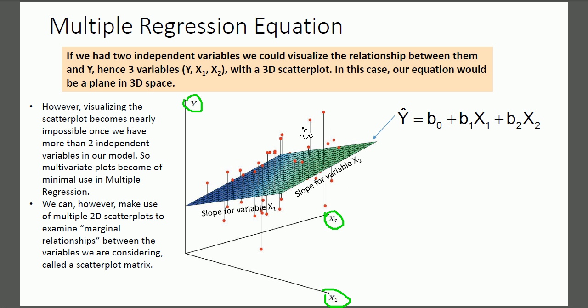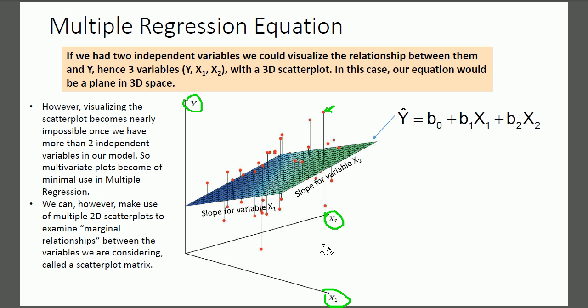So these points here, the red points, forget about the lines from the points, are the actual observations. So this guy right here, if we grab him, this guy has an x1 of somewhere over here, and an x2 of somewhere over here.